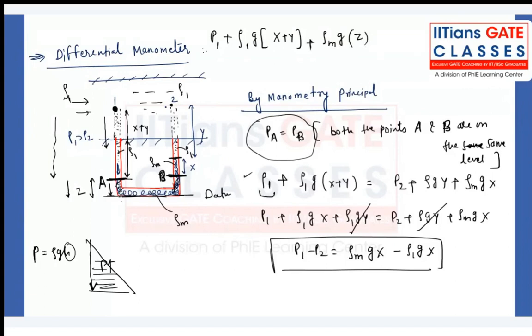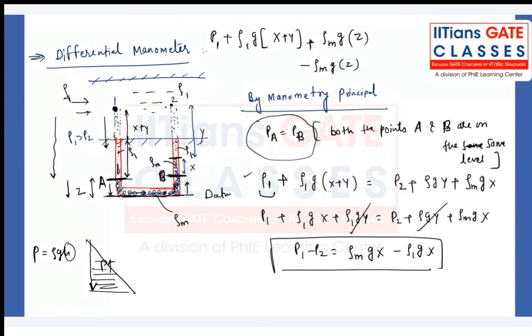Now you are moving like this, because horizontal will not create any trouble for me. Once again, you are moving in the upward direction. Upward direction, you tell me what should I write. Should I subtract it or add it? Minus rho m g into z, because we are moving in the upward direction. Upward direction means what? Pressure has to decrease. By what amount?